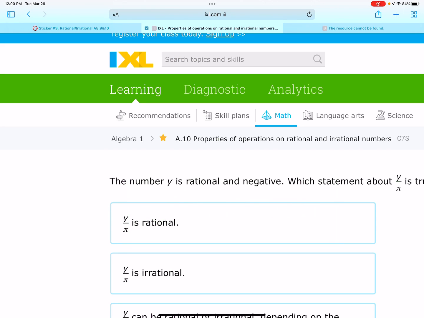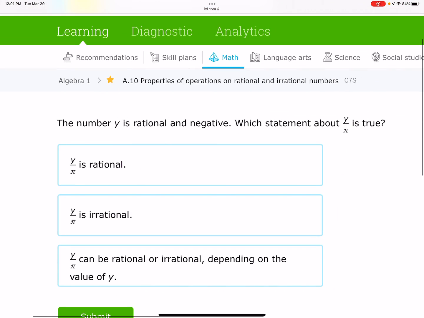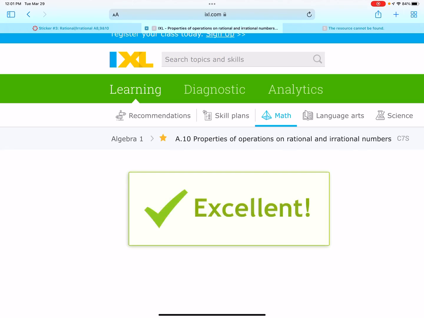Okay, so it's irrational. If I could add or subtract the exact same irrational, then I could have gotten rational. What about y? It says y is rational and negative, so it can't be pi or negative pi. So that should make it irrational.